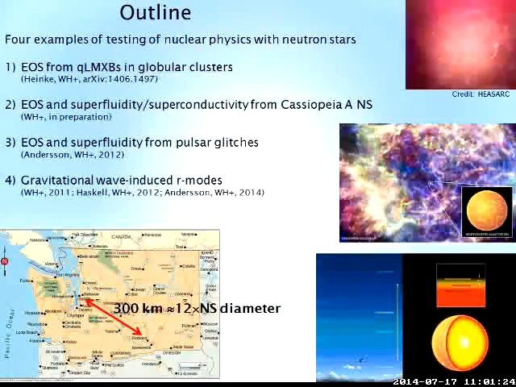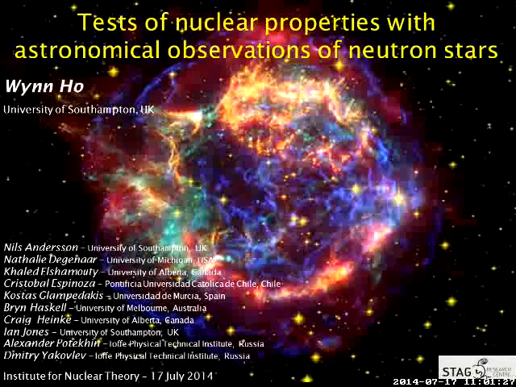So obviously this is the Cassiopeia A supernova remnant. I like showing it because it's such a beautiful picture. What you're seeing is the explosion material from the supernova, and it's a multi-wavelength image. The red is infrared from the Spitzer telescope.